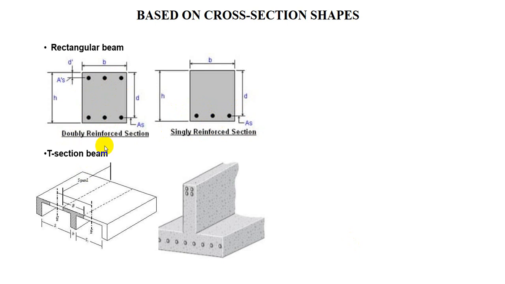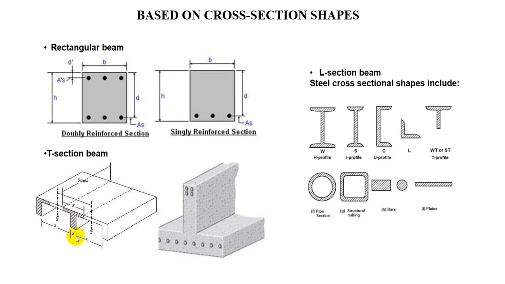And here the T-section beam. T-sections are of two types: one is the T-section and another is the inverted T-beam. In the inverted T-beam the flange portion will be down. And this is the L-section beam.